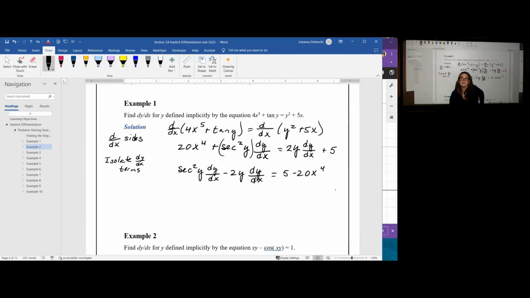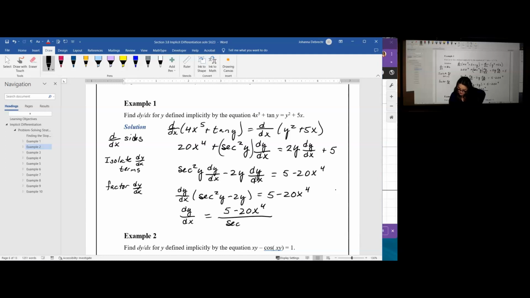The next step is to factor out just the dy/dx. This leads to dy/dx times the quantity secant squared of y minus 2y equal to 5 minus 20x to the fourth. Finally, we divide by the factor multiplied by dy/dx to get an implicit expression for the derivative of y with respect to x.